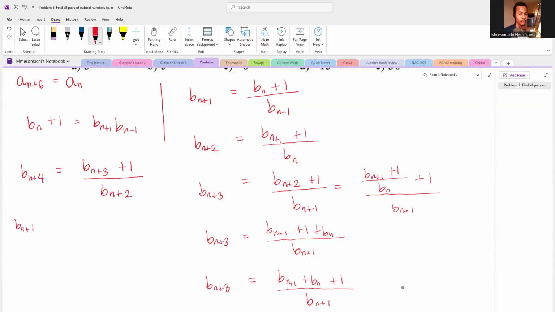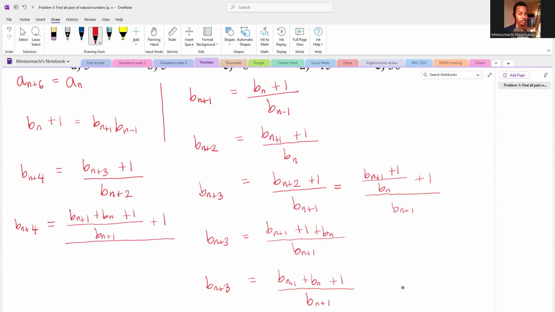So our b(n+4) is equal to, b(n+3) is this: (b(n+1) plus b(n) plus 1) all over b(n+1) b(n), plus 1.